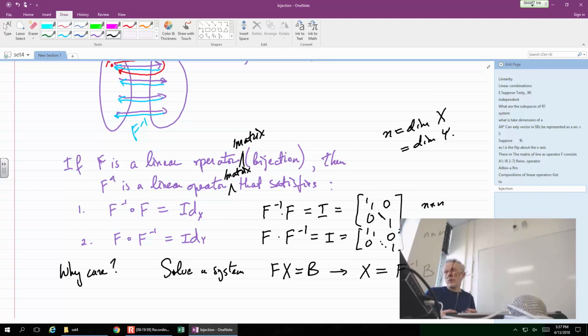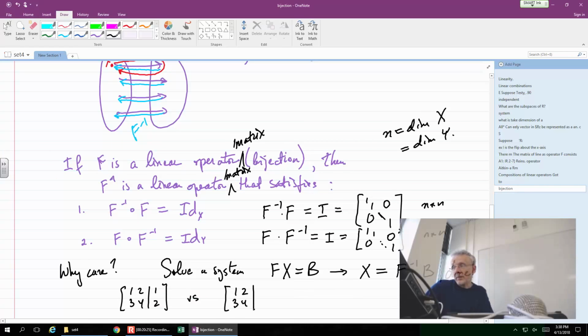Okay, so if it is convenient to find the inverse rather than solve one particular system of equations as you would normally have done. You have your matrix naturally, but you also have b provided in a specific way. Say I have 1, 2, 3, 4, and then you have 1, 2 here. That's my augmented matrix, and then I have another one with the same matrix, but the right-hand side is different, like this.